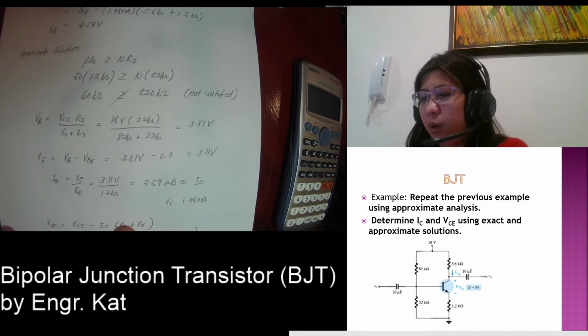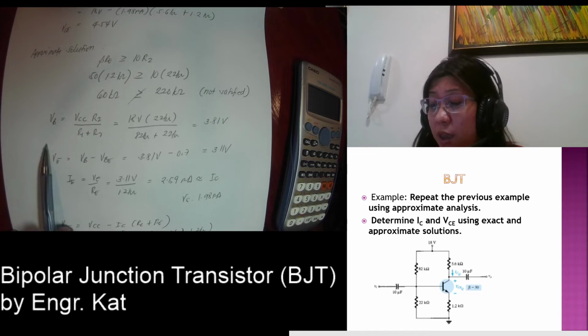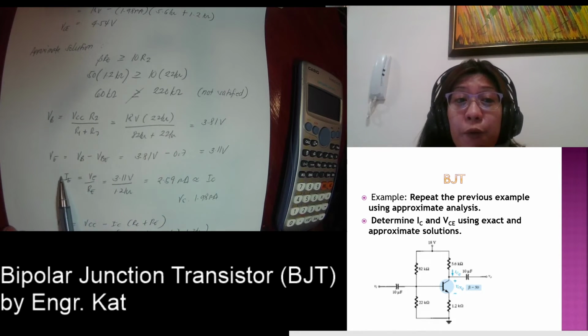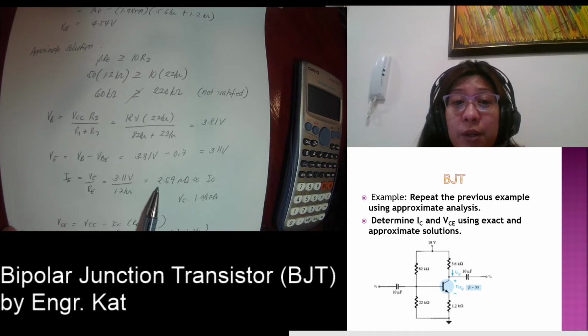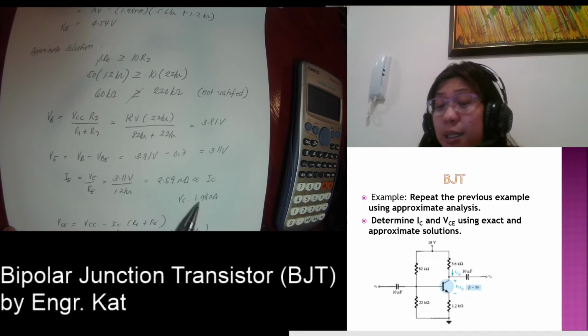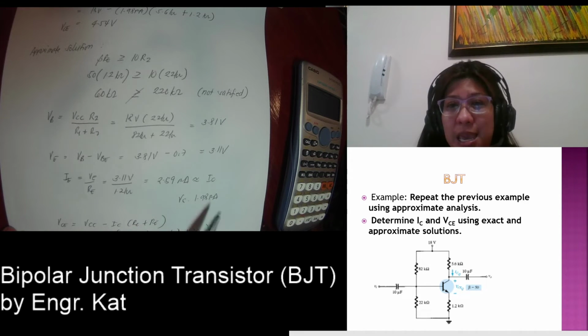Okay, so let us do that. So we solve for VB, it is the same 3.81, and then we solve for VE, and then you solve for IE, which is approximately equal to your IC. Look at the value. We have 2.59 milliamperes here compared to 1.98 milliamperes here. So as you can see, they are not approximately equal.